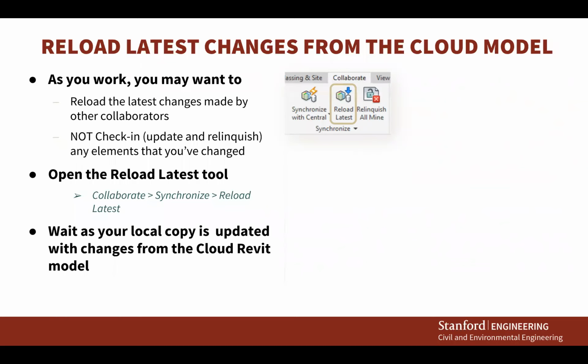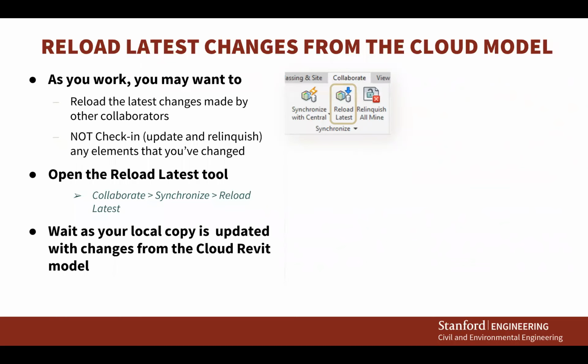Okay, that's the basic workflow for making changes in a Cloud Revit model. So again, just open the model, start making your changes. If you run into any difficulties with people already having elements checked out, let them know that you're waiting for those changes to be checked back in, and make sure that you're always synchronizing your changes when you're done.